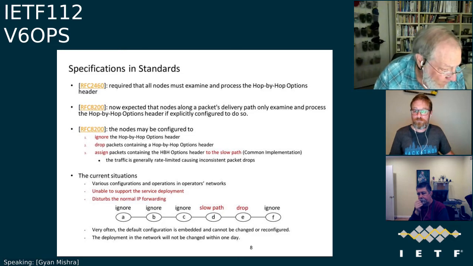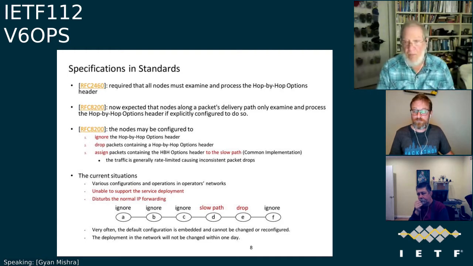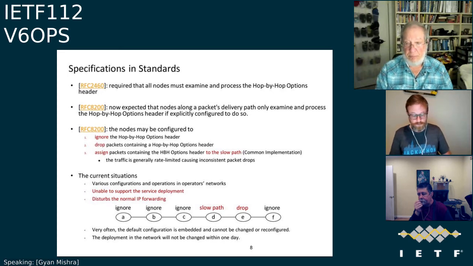So that does help operators as well, to not have that fear of the separation of control plane and forwarding plane, that nodes that are maybe down rev can avoid, with local configuration, having to process HBH options if they're not capable of doing so.